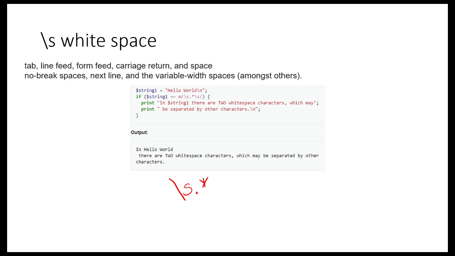So we're trying to match a space, I should say white space, and then we're trying to match any character one or more times. So we're asking if we find a space.